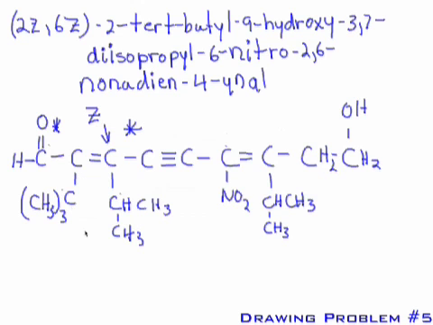I've done my prioritization. So let's continue. What do I have next? Well, if I do it over here I have, off of this carbon, a carbon and a nitrogen. Well, nitrogen's higher atomic number. There's no tie. He's the higher priority group. What about this carbon? Well, on this carbon, I hit this carbon when I proceed out. If I proceed out again, I hit a carbon.